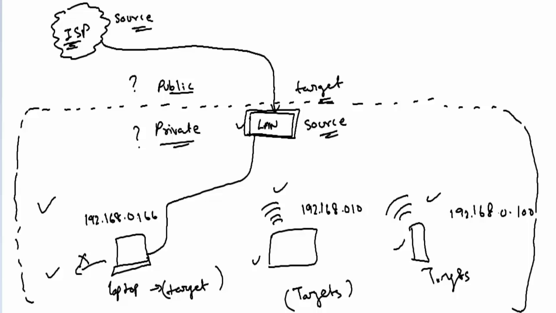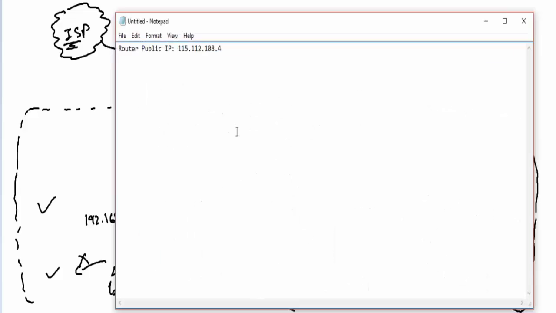By this we conclude that the router that I have at my home has a public IP that is assigned by the Internet Service Provider, and the router also has a private IP. This is by default set up by the router manufacturer, 192.168.0.1.